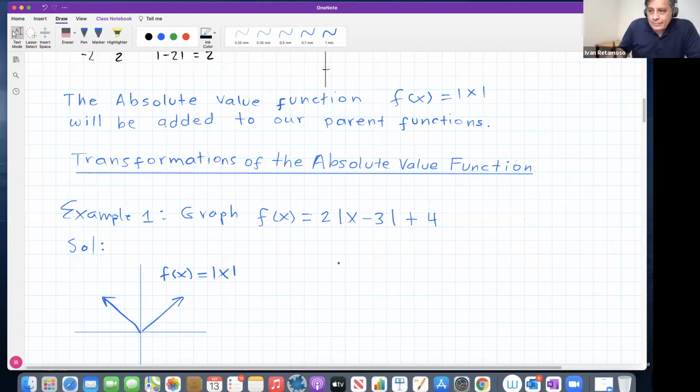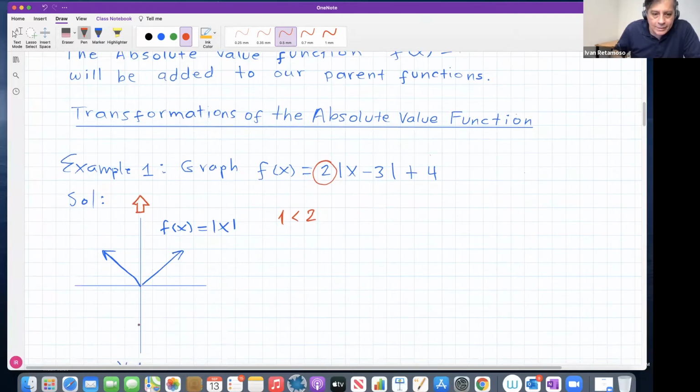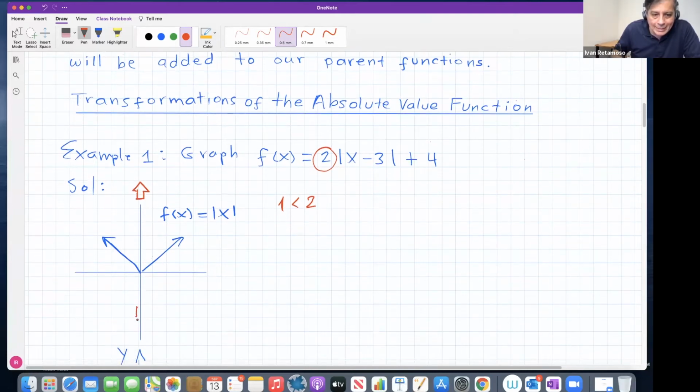Now, because of this number 2, notice since 2 is greater than 1, the rule for non-rigid transformation says that we have to stretch this graph vertically, keeping this point fixed.